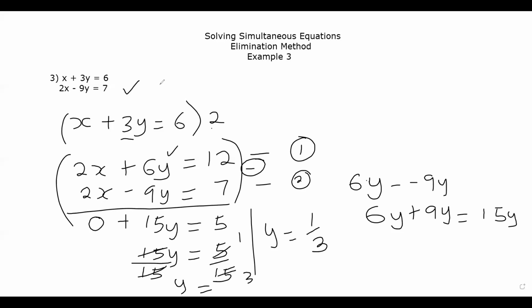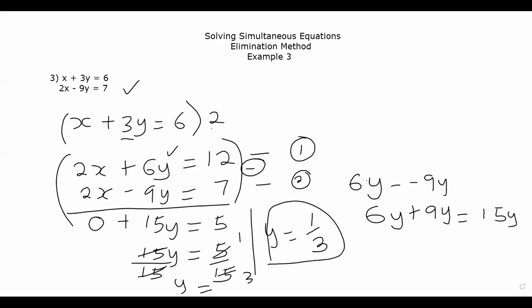Just the normal way we handle simultaneous equations, you can take either the first or the second equation, substitute where we have y, put 1 over 3 where we have y, and evaluate that to find the value of x.